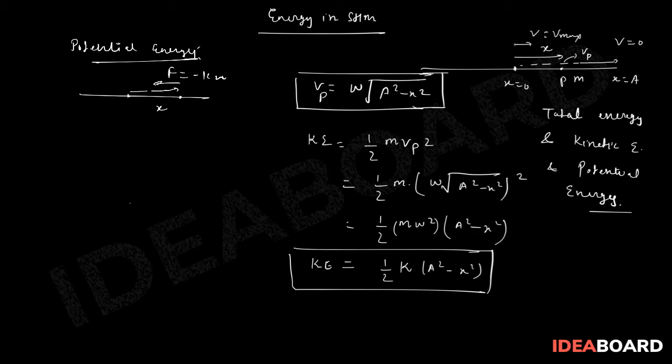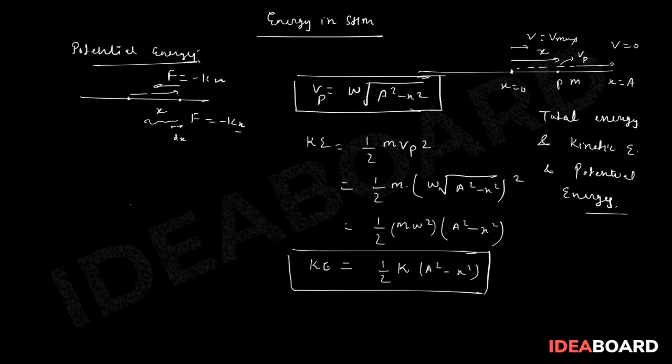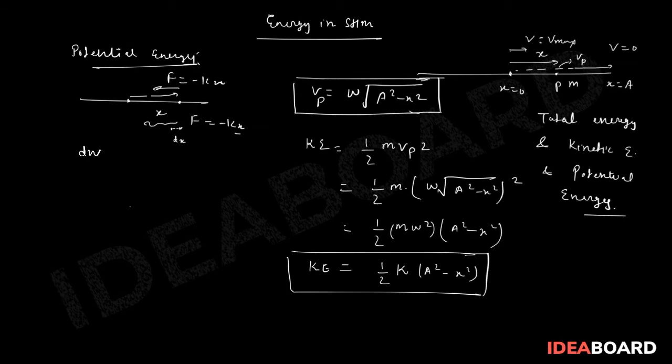Suppose this particle displaces a small distance dx, and for small displacements we can assume the force is approximately constant, that means small work done dW will be F dx.